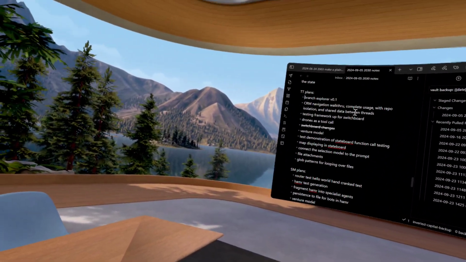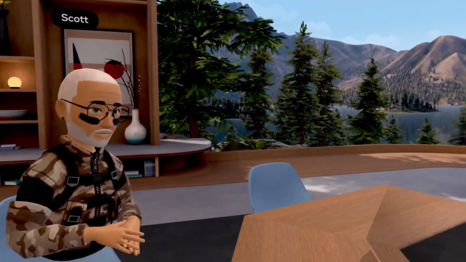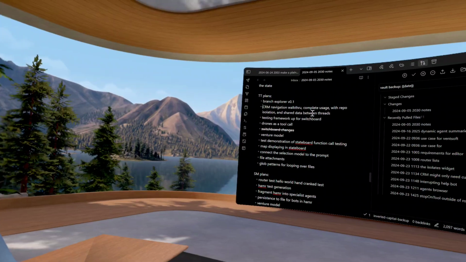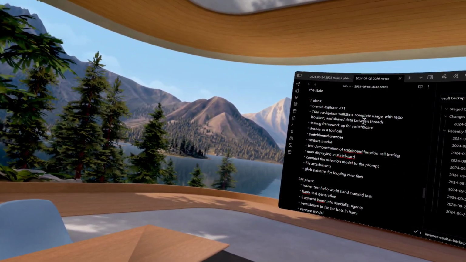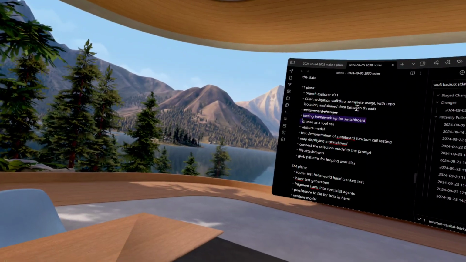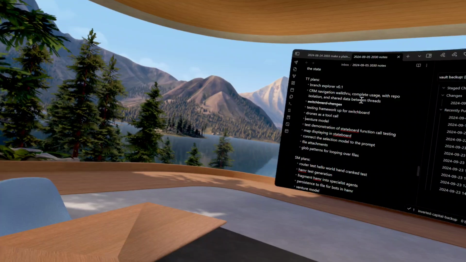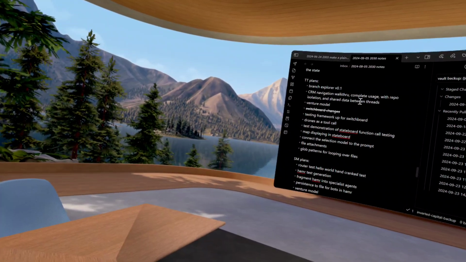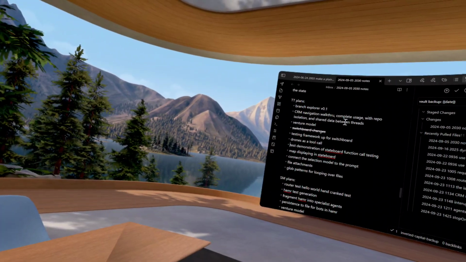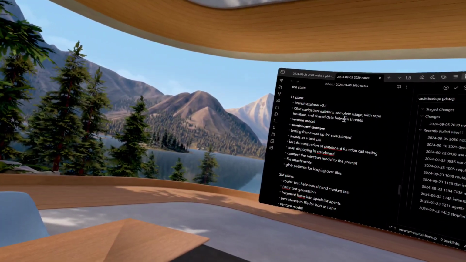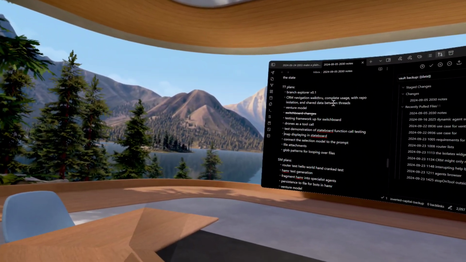So, Branch Explorer, for the purpose of getting the CRM navigation, including the shared data between threads, then these things come down. Venture model probably goes up. And then the demonstration of stateboard function call testing probably comes later.